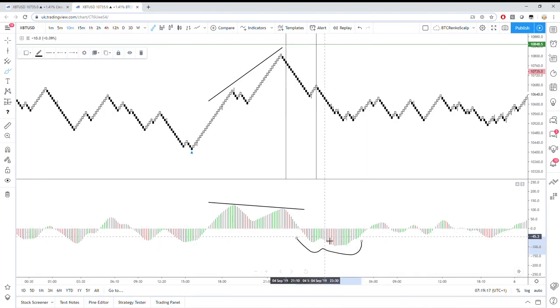We don't need to rush out of position. The second function of the awesome oscillator is for trend identification. So once we cross to the bearish side and we're in a short position, there's a pretty good argument for not leaving this position until we cross back over to the bullish side.